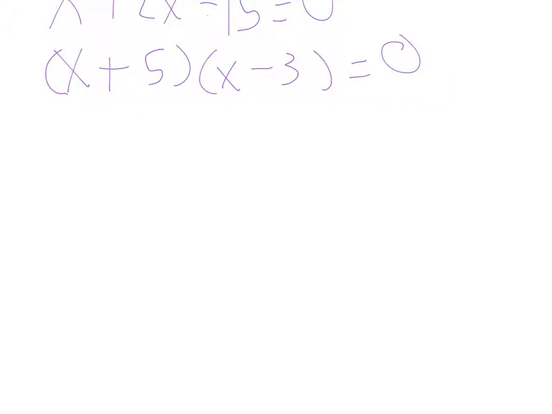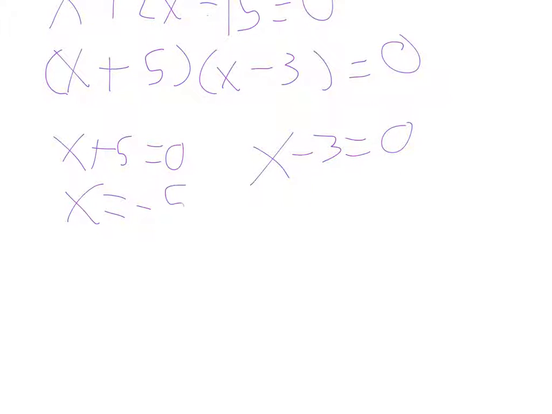So this tells you that x plus 5 is equal to 0 and x minus 3 is equal to 0. That means that x is equal to negative 5 or x is equal to positive 3.